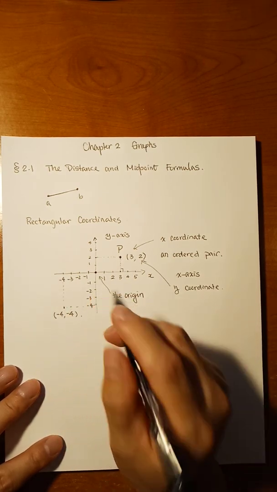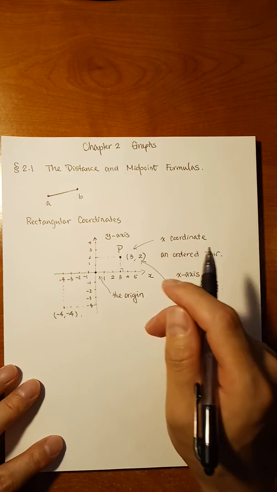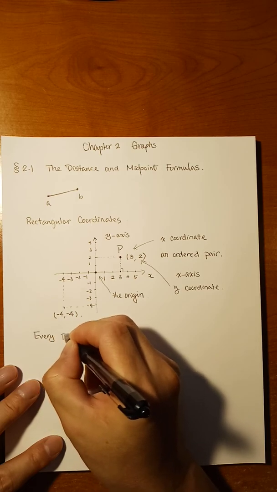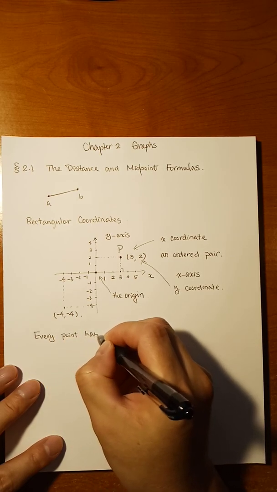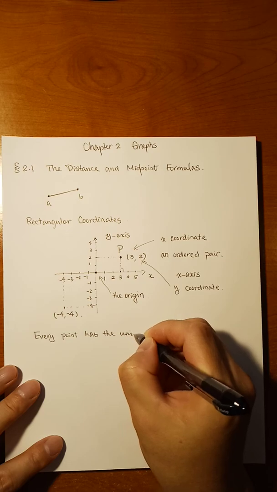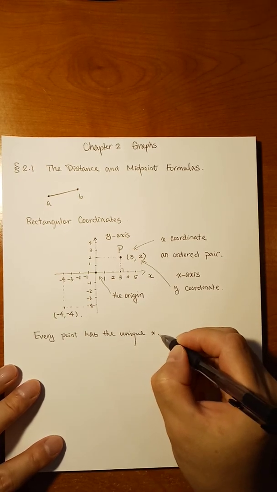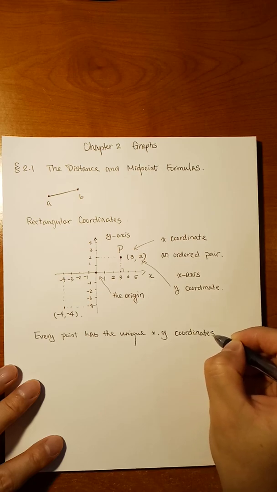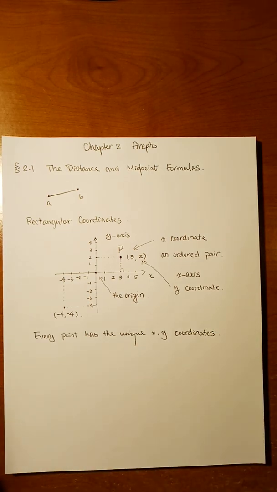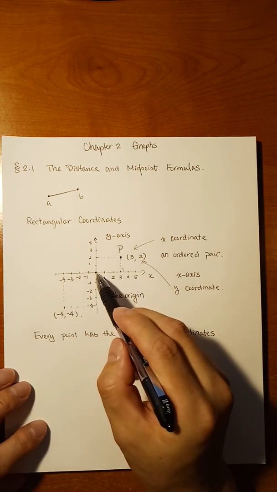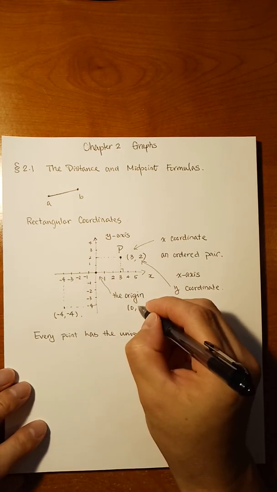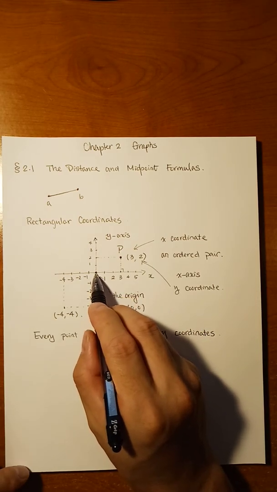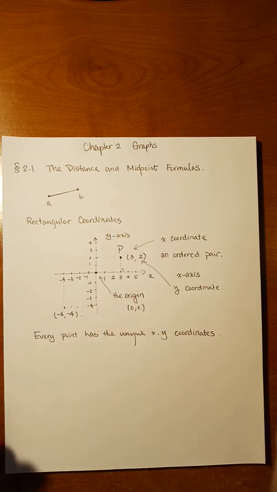So every point has a unique x, y coordinate. Right? And the origin has the special coordinate 0, 0, because if you project it to the x-axis, it's 0, and if you project it to the y-axis, it's also 0.